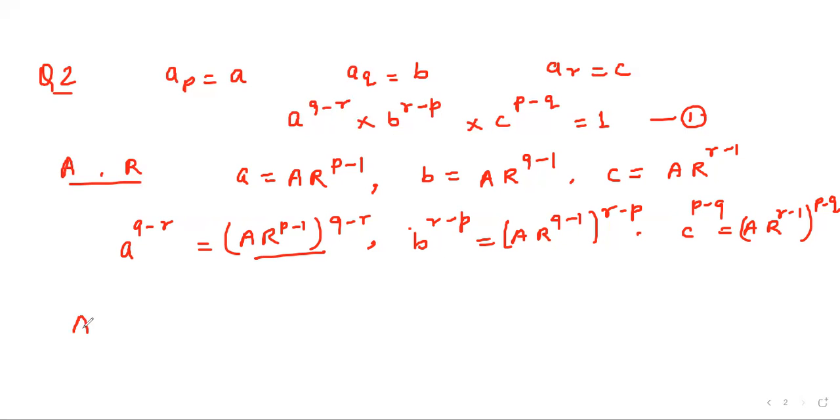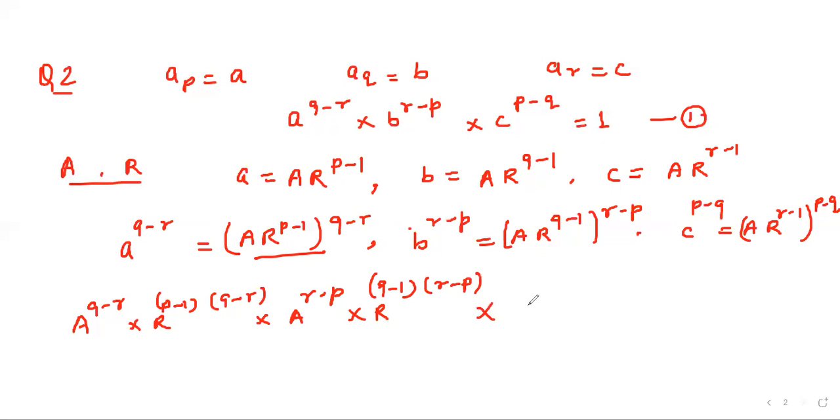So A^(q-r) times R^((p-1)(q-r)), multiplied by A^(r-p) times R^((q-1)(r-p)), times A^(p-q) times R^((r-1)(p-q)).